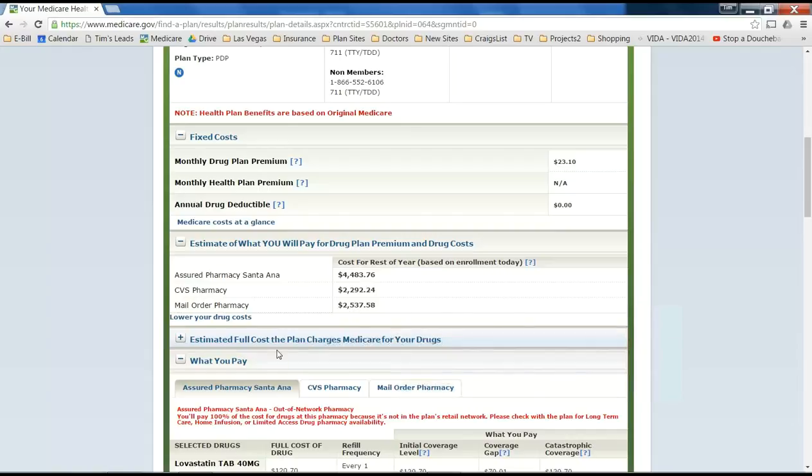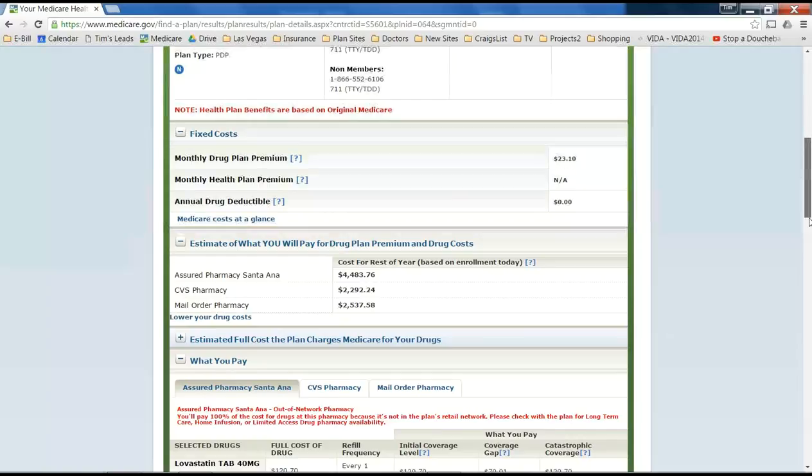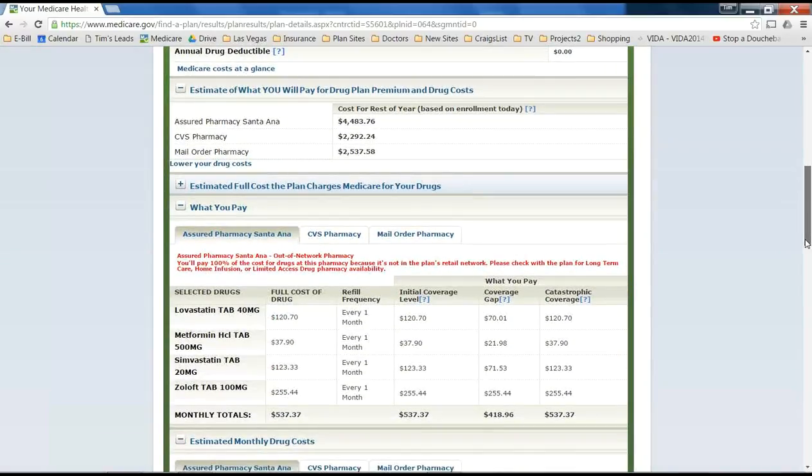And why is that? Well, because this Assured pharmacy, Santa Ana, is an out-of-network pharmacy. So that's why that would be so much more. So there might be another plan where that Assured pharmacy is in-network, but we know on this plan it isn't.